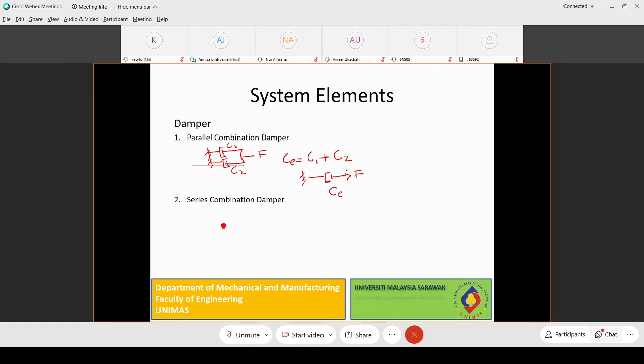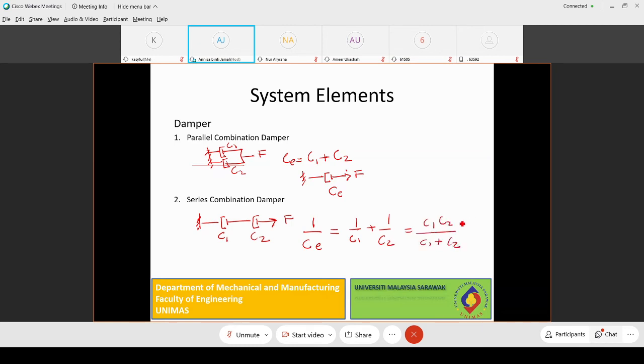How about the series combination of damper? Okay, let's say we have a series combination of damper, first damper, the second damper in series, and we have force exerted here. They say this one C1 and C2. The combination of the series would be 1 over CE equal to 1 over C1 plus 1 over C2. That is C1 C2 over C1 plus C2.